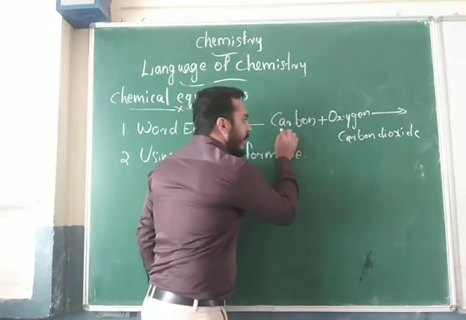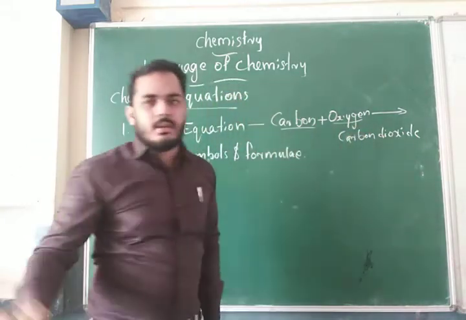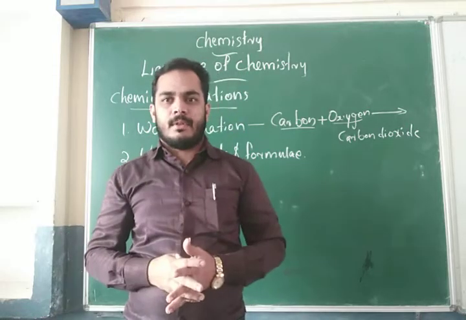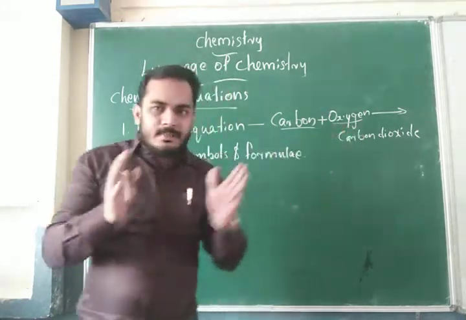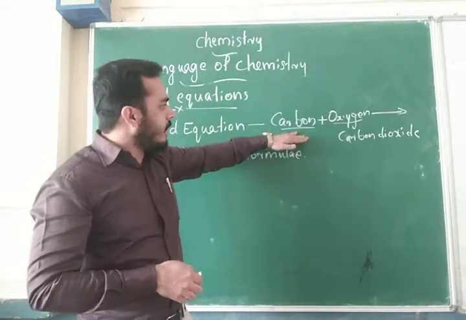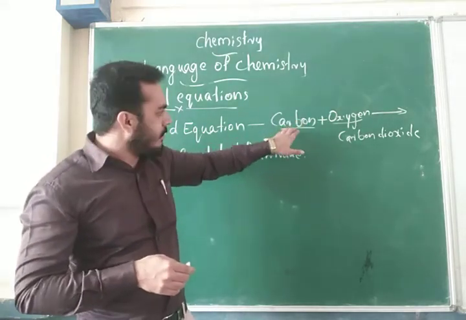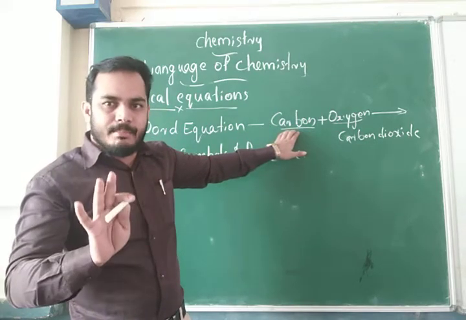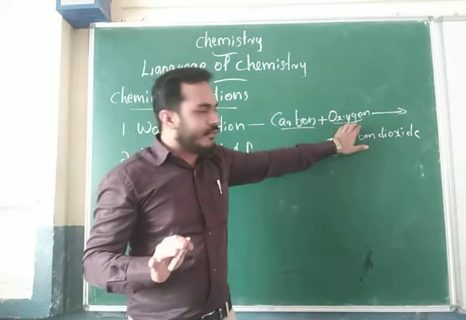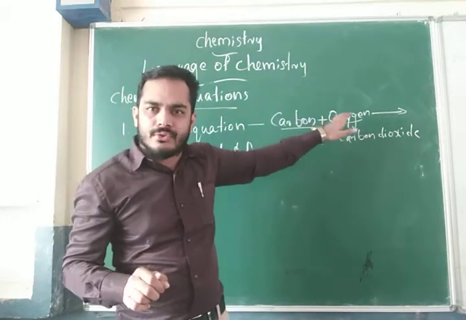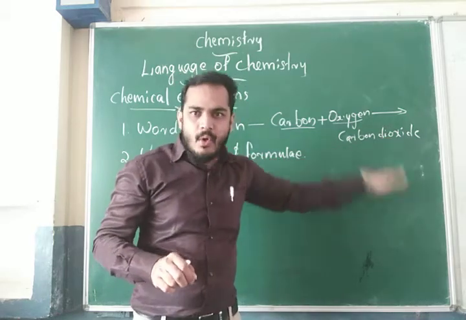So here I am mentioning only the words. I am not using any symbols. This method is called a word equation. Instead of the symbol for carbon, I have written the full name. The reaction between carbon and oxygen forms carbon dioxide.